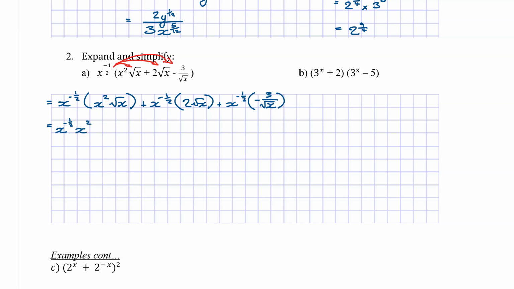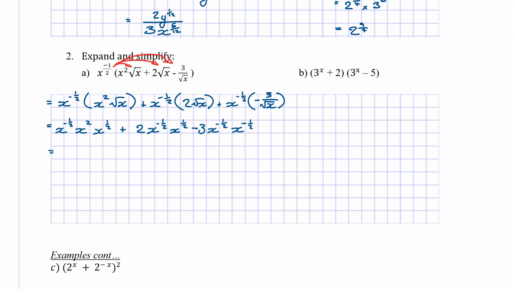So it will be x squared, then x to the half, like so, plus the 2 will come out front, coefficient of 2, x to the negative a half, times x to the half, so the radical is now gone there, plus, should put the 3 here, x to the half times x to the negative half, because notice it is a negative root x in the denominator. And one more thing I need to put in there is dealing with the negative inside the parentheses. So I have to put negative 3 like so.